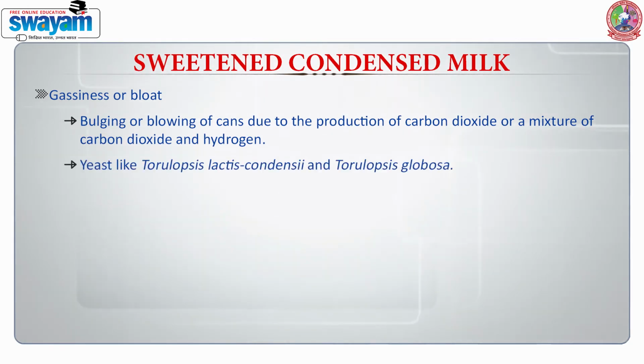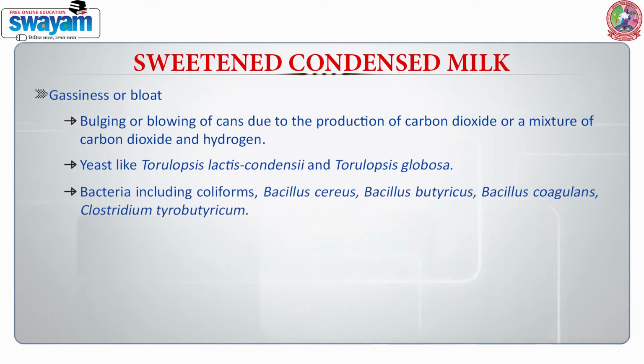Yeasts are implicated, and the two most important species are Torulopsis lactis-condensi and Torulopsis globosa. When we talk about the bacteria, we can always find the coliforms playing a role along with Bacillus cereus, Bacillus botaricus and Clostridium tyrobutyricum.